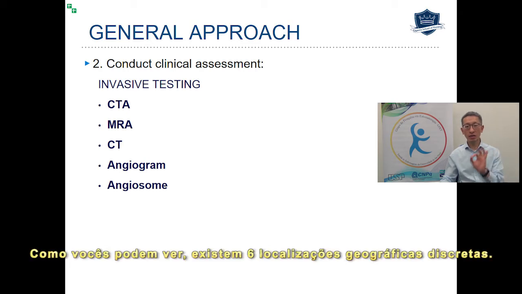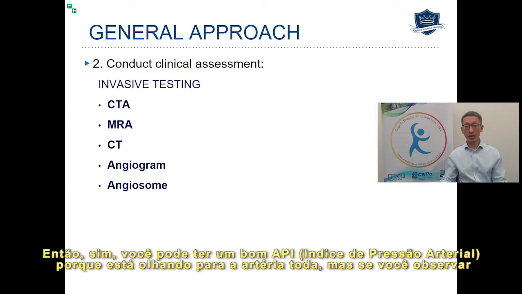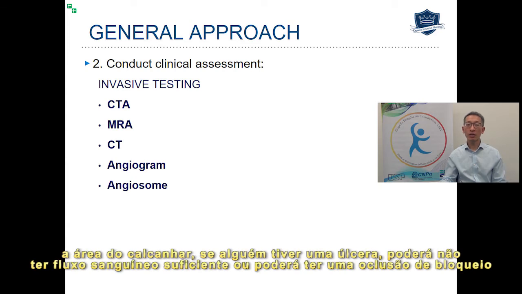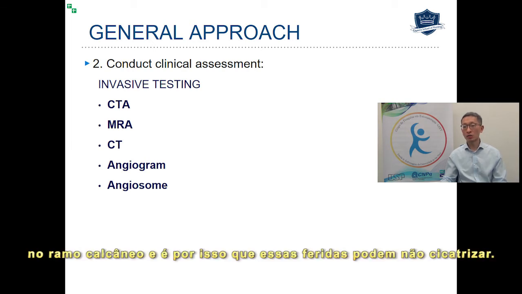As you can see, there are 6 discrete geographical locations. So yes, you may have a good ankle-brachial pressure index because you're looking at the anterior tibial artery. But if someone has an ulcer in the heel area, you may not have enough blood flow, or you may have a blockade or occlusion in the calcaneal branch, and that's why those wounds may not heal.